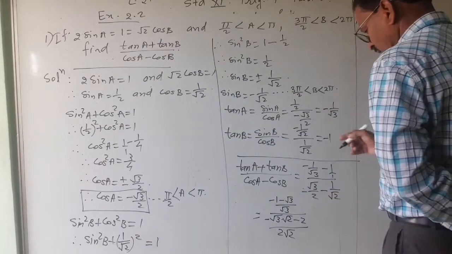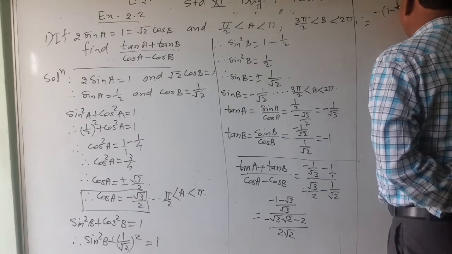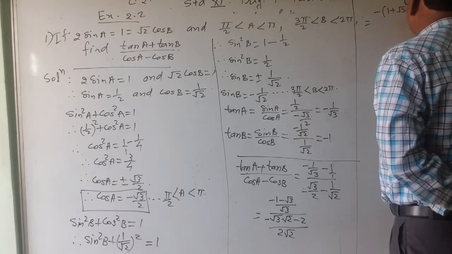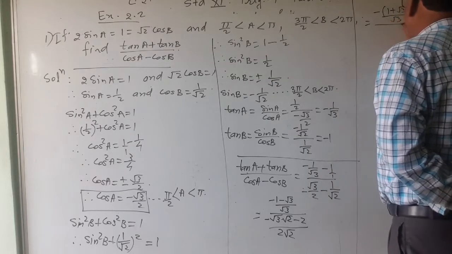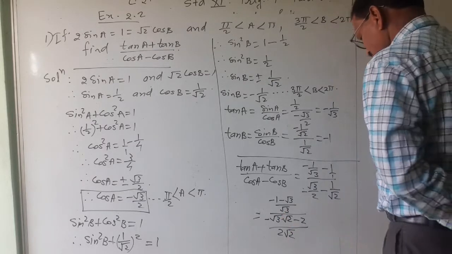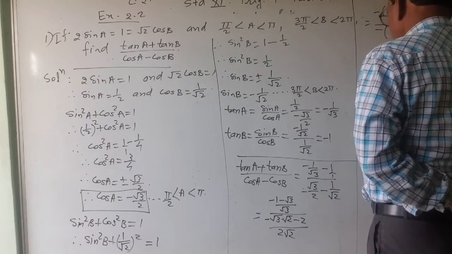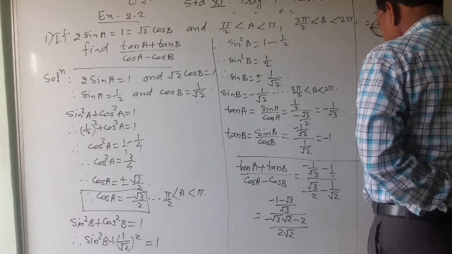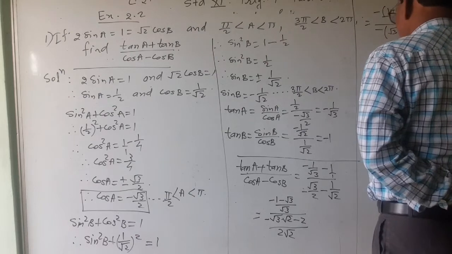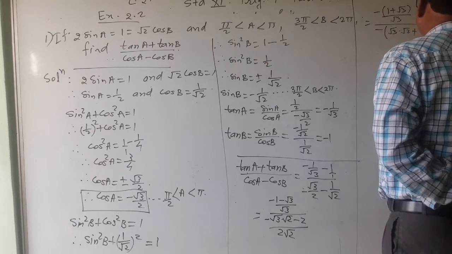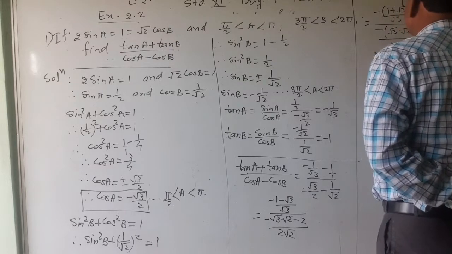So this minus I will take common, that is equal to minus 1 plus root 3 upon root 3, upon minus of root 3 into root 2 plus 2 upon 2 root 2.